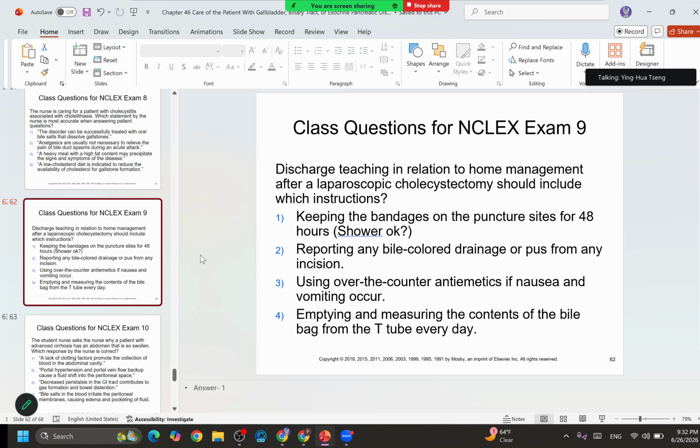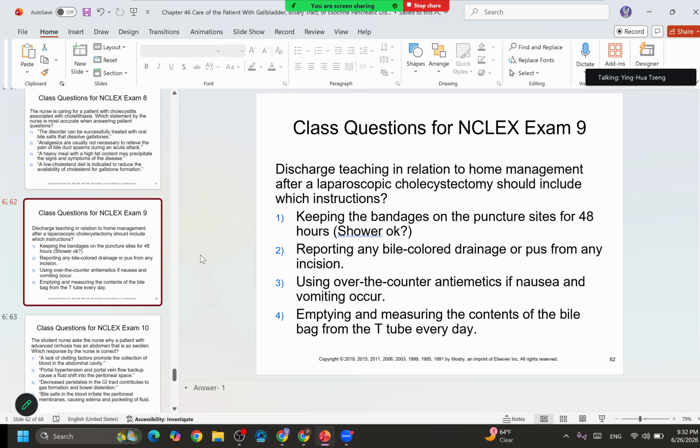Keeping a bandage over the puncture site for 48 hours. This one's okay. Number 1 is the correct answer. And is showering okay? Maybe the second day or third day, right? That's fine. So the patient is not limited from showering. They can shower, maybe on the second day, okay?